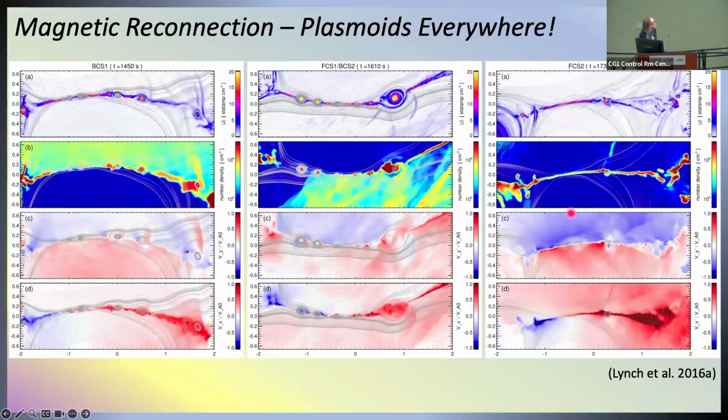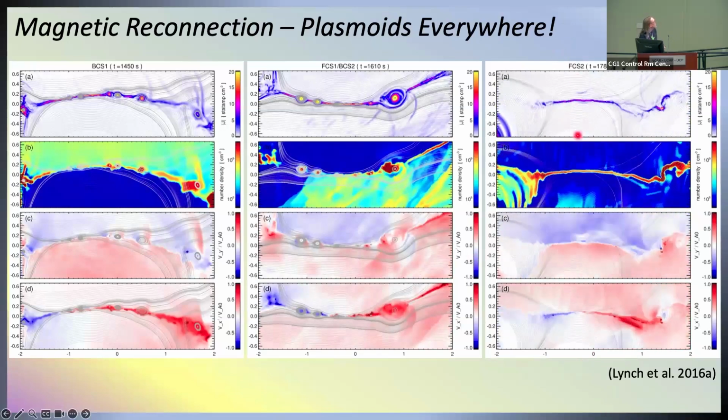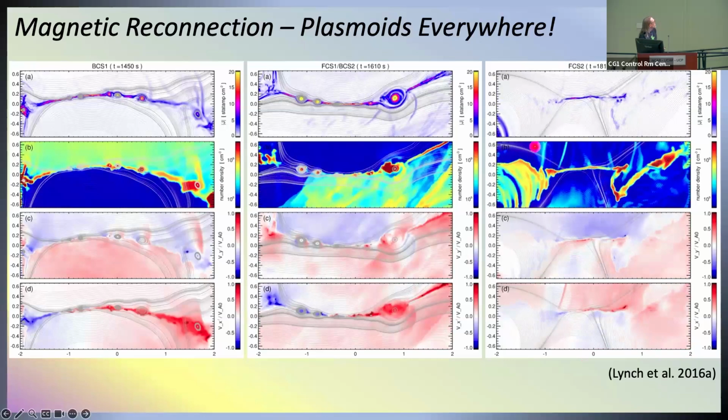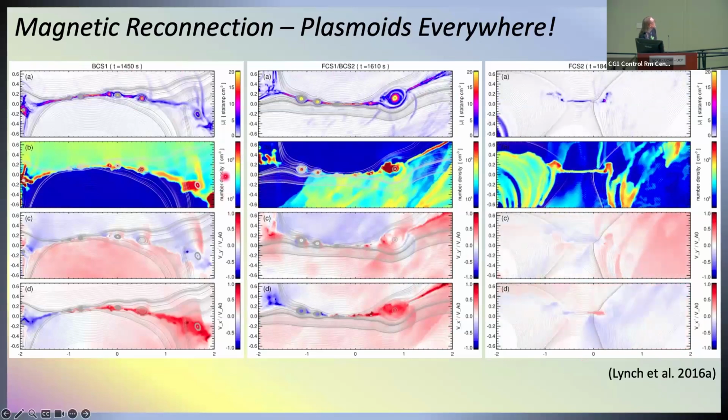And so in every one of these, you're creating a ton of structure, but all of this works to take the stressed energy from down here and erupt it out. And there's some interesting implications and consequences for things like how much structure you generate in your current sheet, and when and why do you get this sort of substructure.